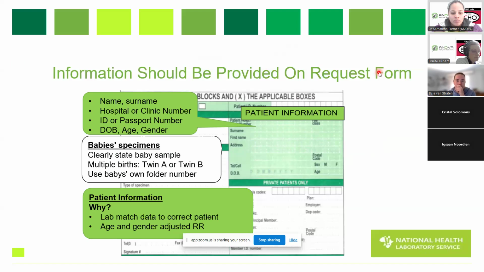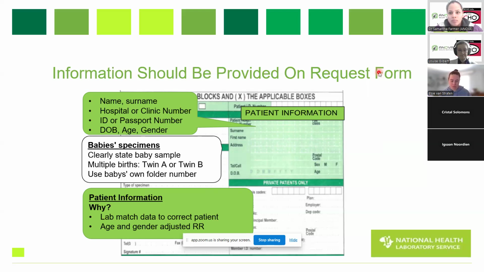Then some information about the patient. We certainly need, as a minimum, the patient's name, surname, and an ID number or folder number if you have it. More importantly, we also need the date of birth, the age, and the gender, because there are age and gender-specific reference ranges that we want to attach to the result.